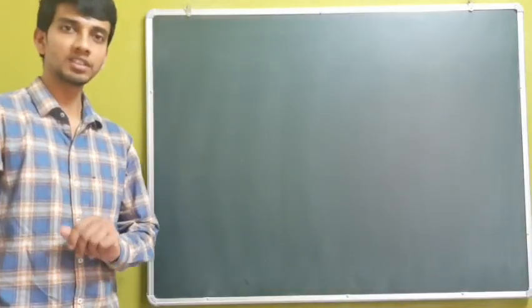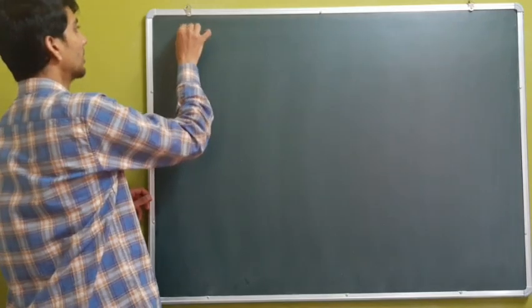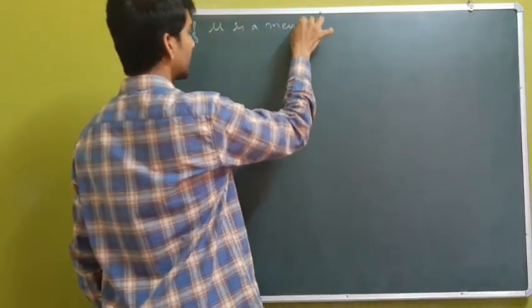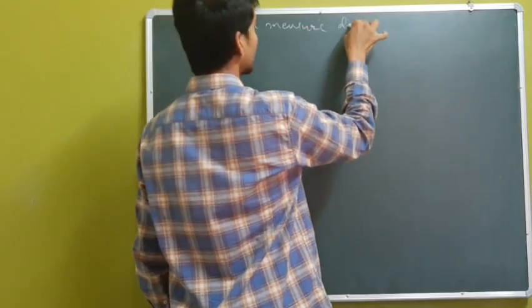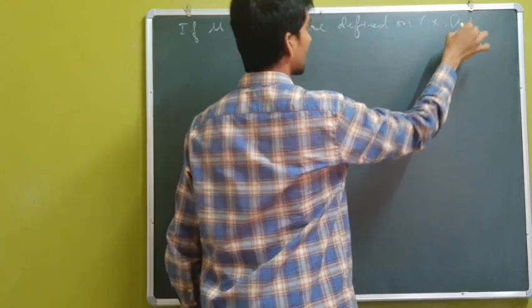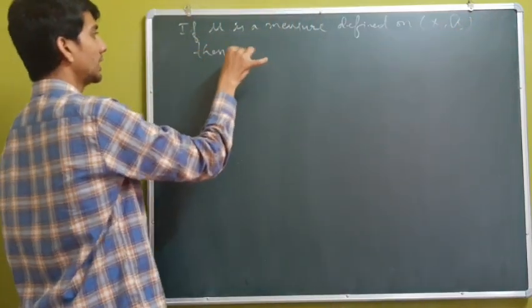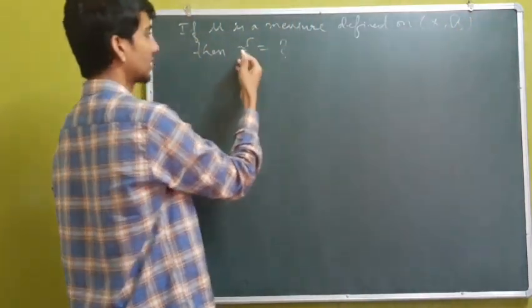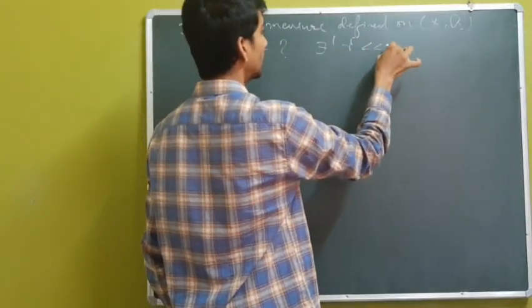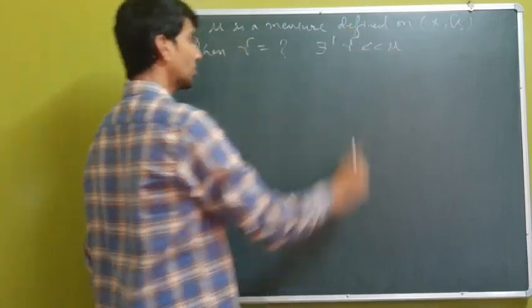Now we have a question: what if mu is a measure defined on a measurable space (X, B)? Then what would be another measure gamma such that gamma is absolutely continuous with respect to mu?